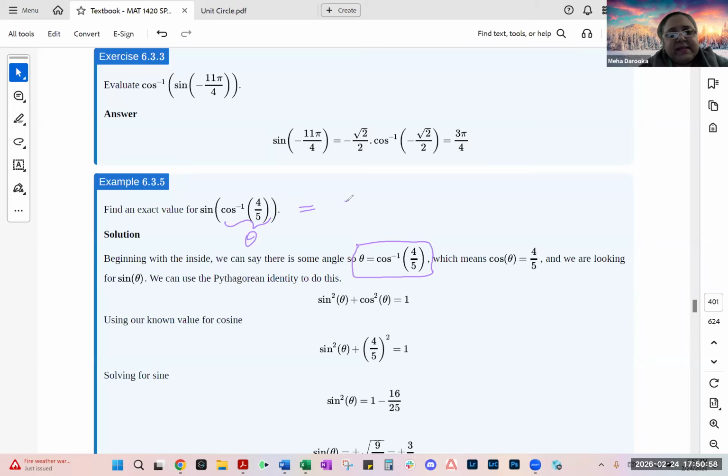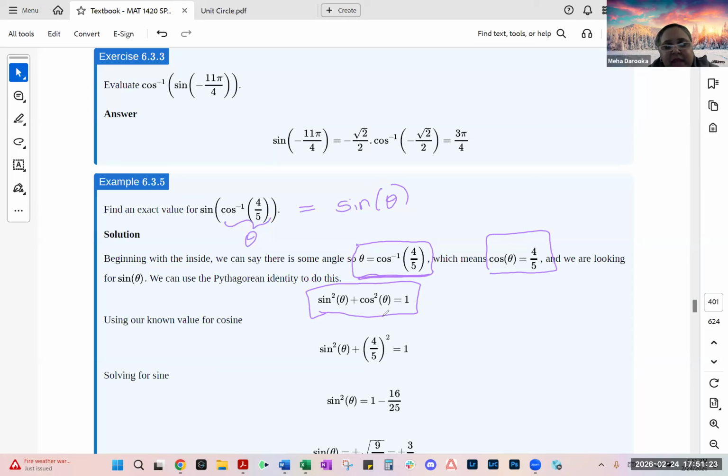Which means we are basically being asked to find sine of theta. So if you rewrite this relationship here from the cosine inverse to the original cosine function, this is how we would define it. Cosine of theta is equal to 4/5. So you can actually use the Pythagorean identity in this example to try and solve this question here.